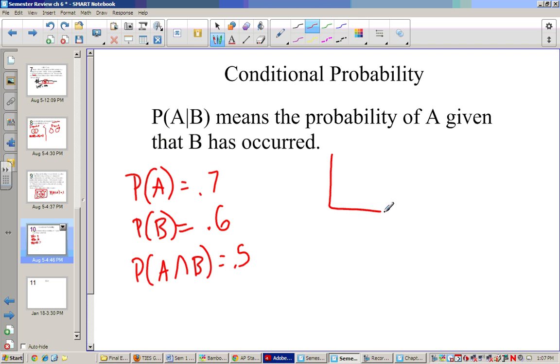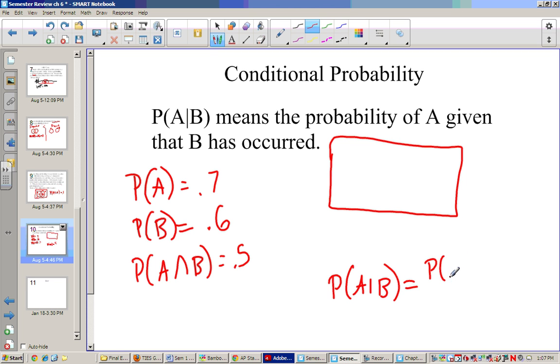There's a couple ways we can do this. There's an equation. The equation says probability of A given B is the probability of their intersection all over the probability of what's given.